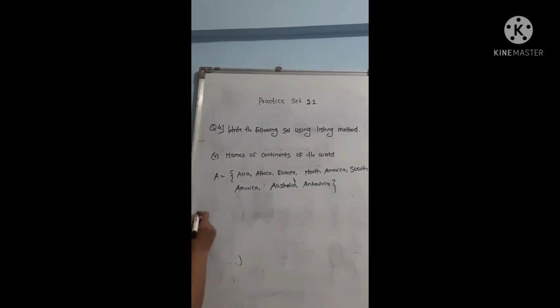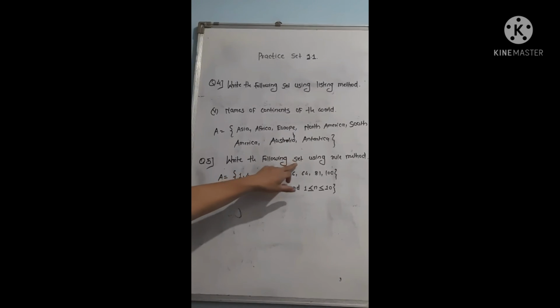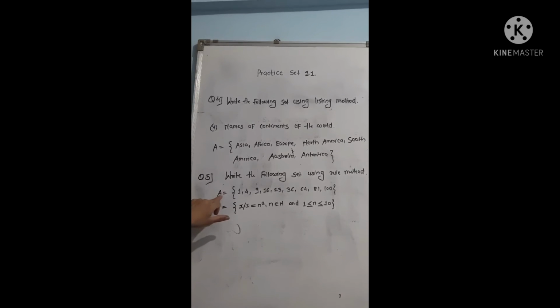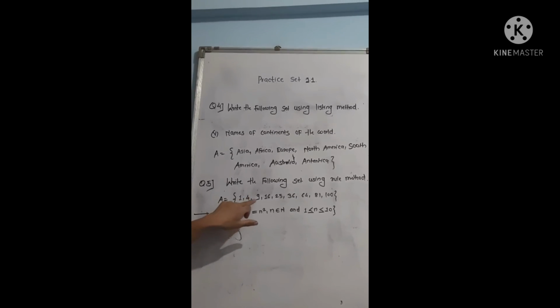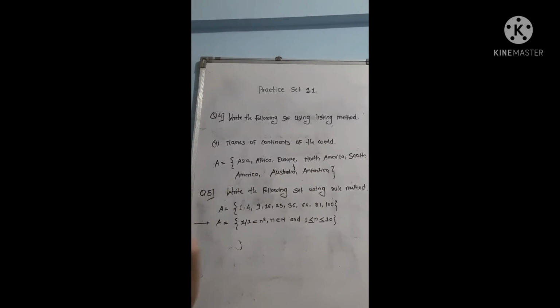So next one, question number 5. Write the following set using rule method. So first one, A is a set of 1, 4, 9, 16, 25, 36, 49, 64, 81 and 100.